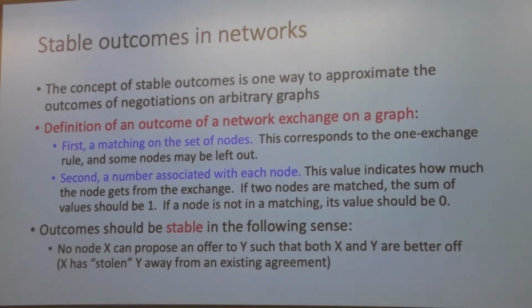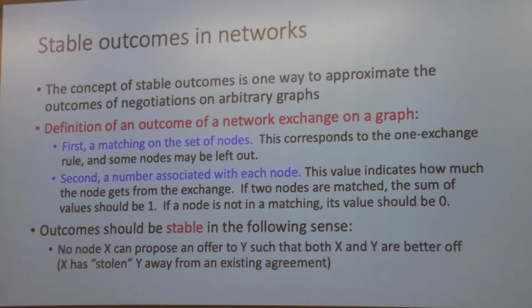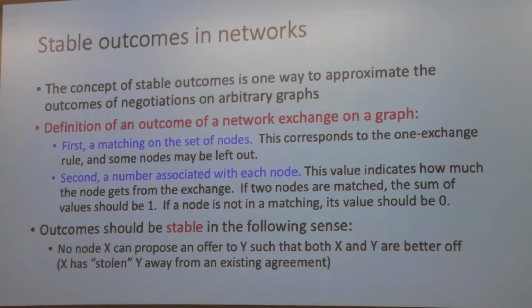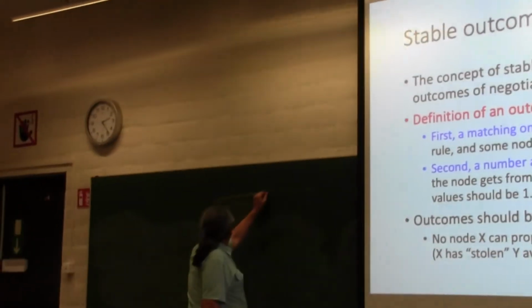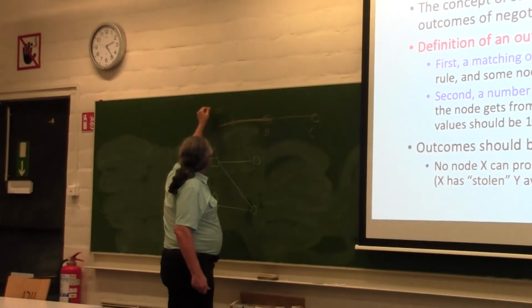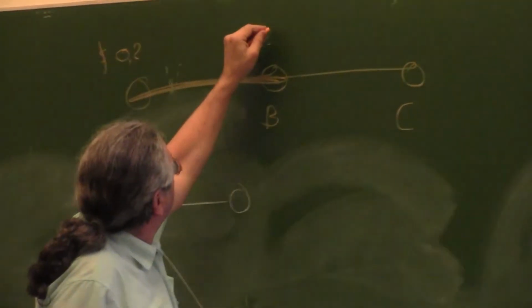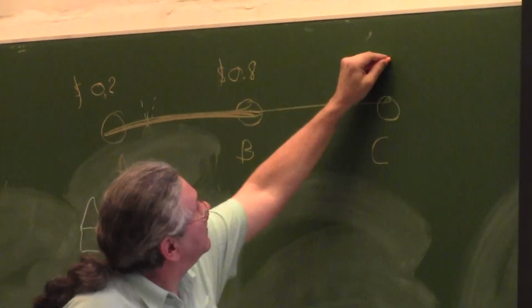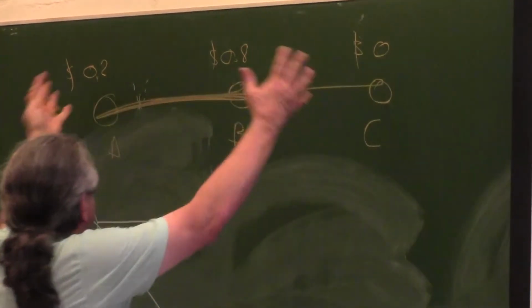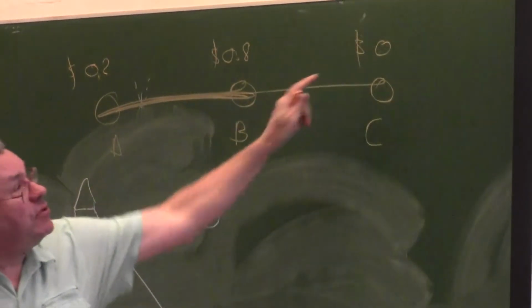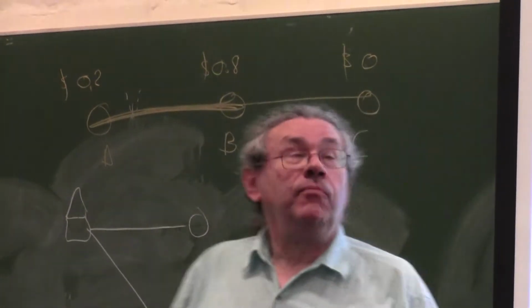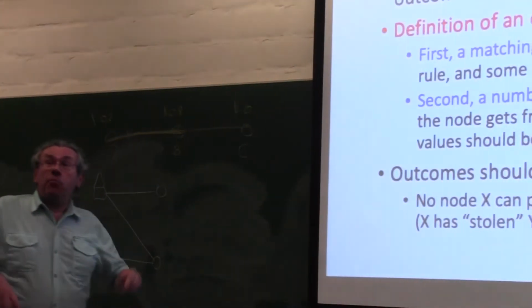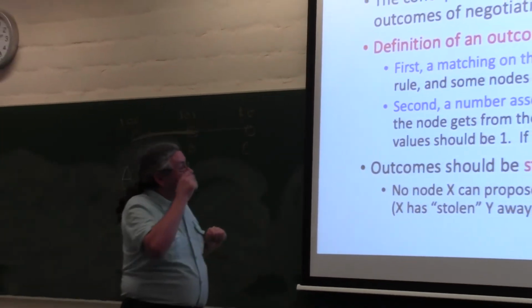So if you have 3 nodes, for example A, B, C, then a matching could be AB with 20 cents here and 80 cents here, and there will be 0 here. So this, the matching plus the amounts, is called an outcome. Okay? We have been talking about it the whole time, but now I want to make it clear.